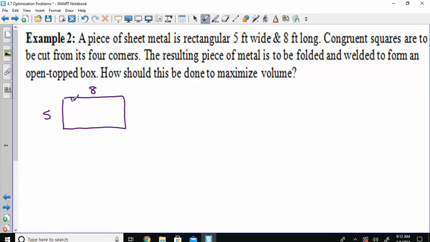Congruent squares are to be cut from its 4 corners. And the resulting piece of metal is to be folded and welded to form an open top box. So basically you cut out those corners and you fold up the tabs, and we get this box. Open top, I'm not putting a lid on it.